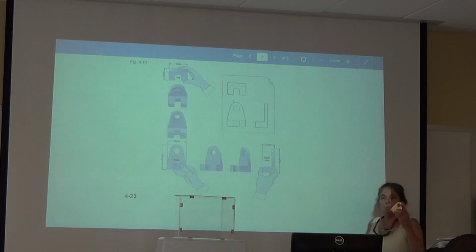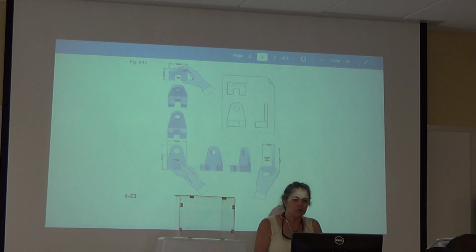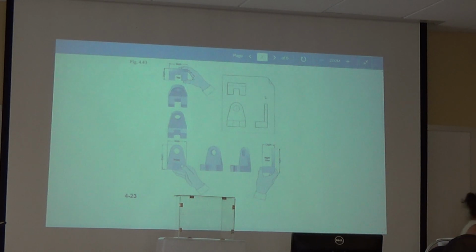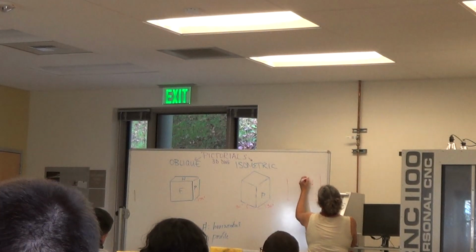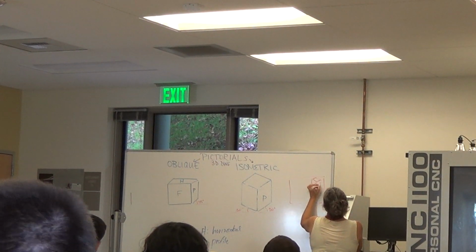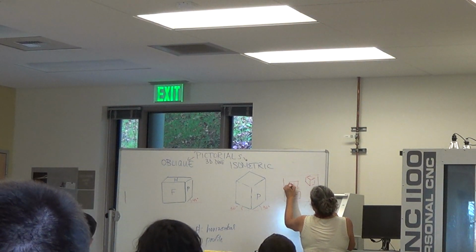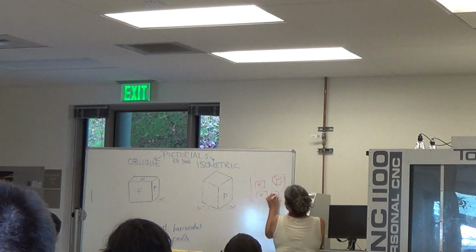So in this case, what you do for one part is you show your three orthographic views, or multi-views, and typically you have a 3D drawing. So engineering drawings typically have a 3D view, a front view, a top view, a horizontal, and a profile view.